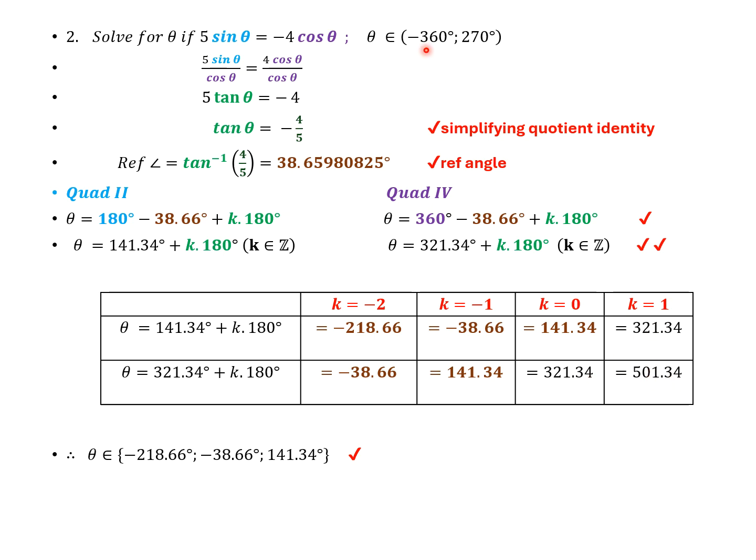So between minus 360 to 270, minus 218,66, minus 38,66, and 141,34 are the only values that fall within that interval. That is too big, and that is too big. So theta is an element of negative 218,66, next biggest value minus 38,66, my biggest value of 141,34.